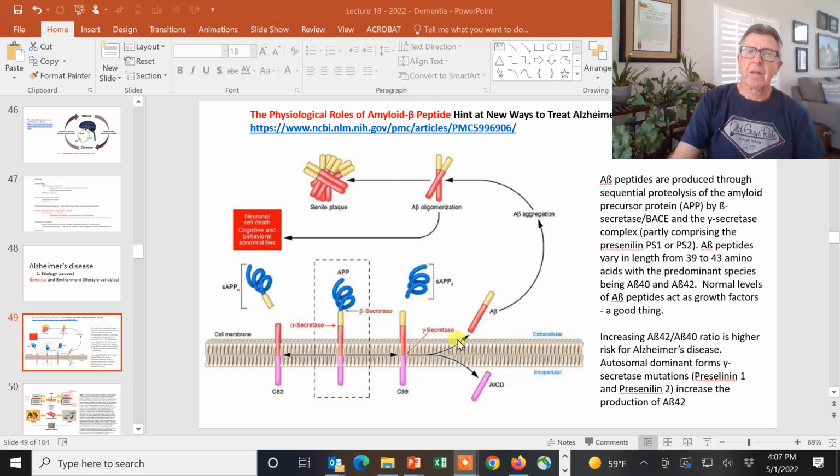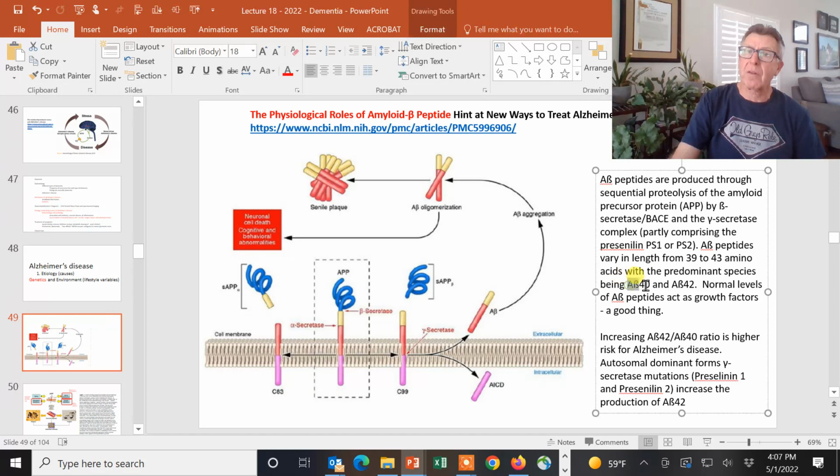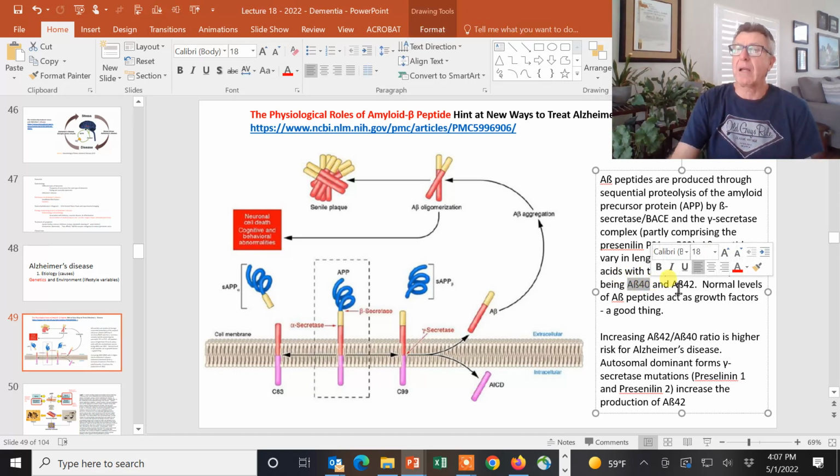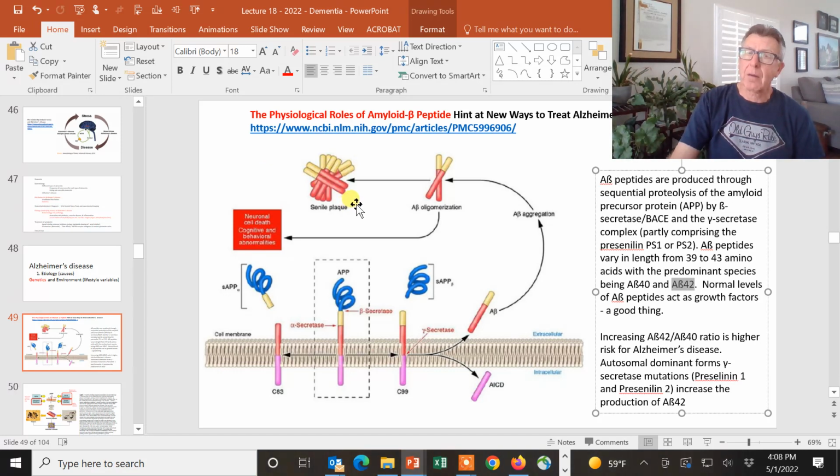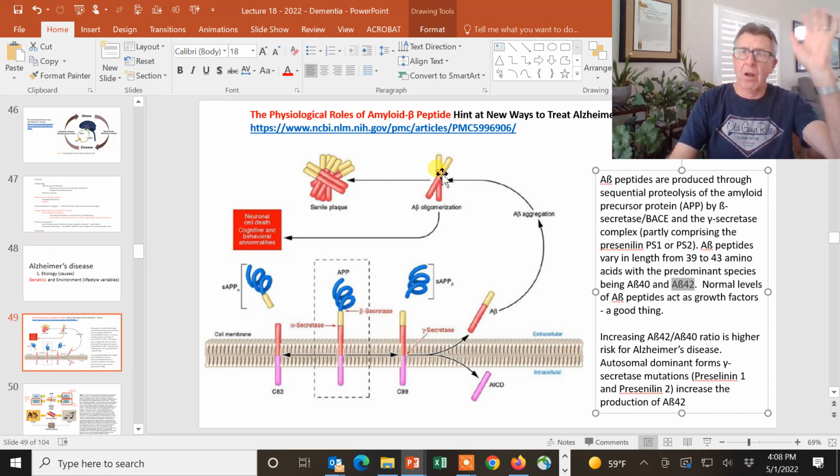The other thing that happens is that this gamma secretase can actually clip at the wrong level. Instead of having mostly this 40 amino acid segment that our brain uses, you get a 42 amino acid segment that is dysfunctional and causes the beta amyloid segments to stick together and form these toxic oligomers. Those themselves cause free radical damage and calcium overload, and in the end they form big plaques that are pathological as well.